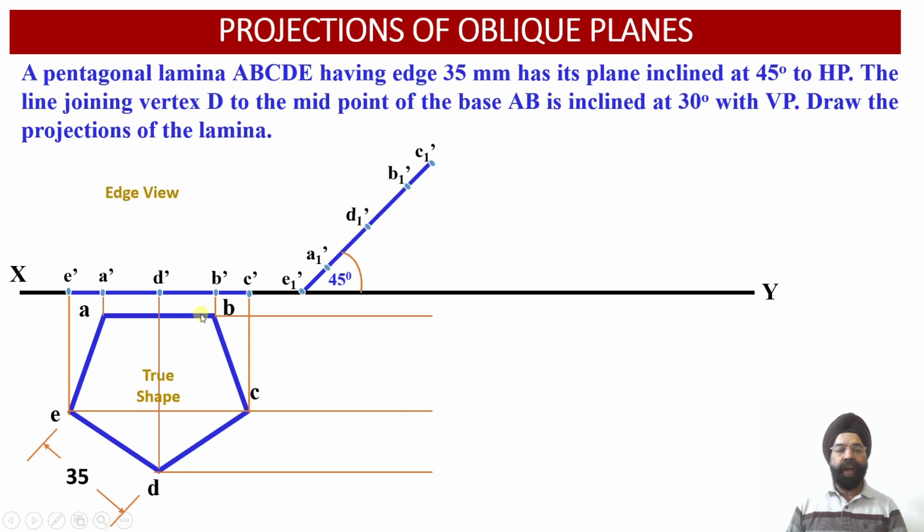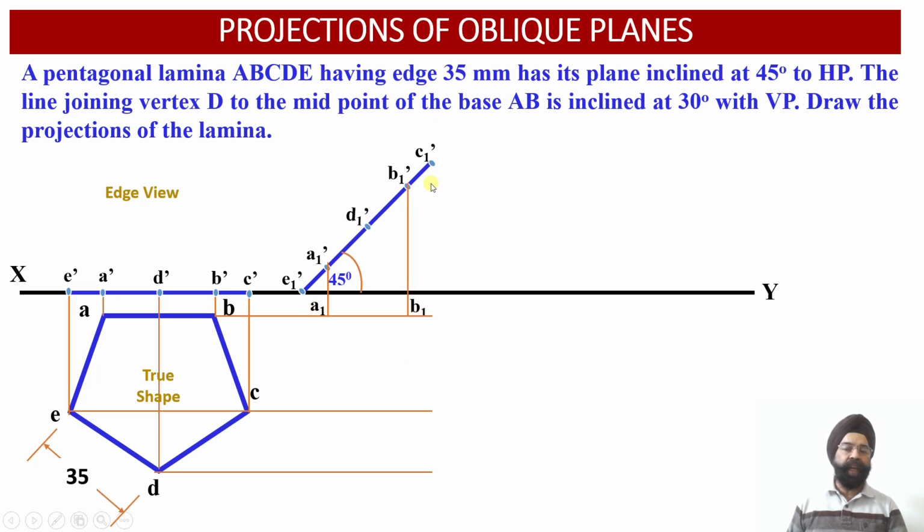So now we have drawn horizontal projector lines through all the 5 points of the top view which we had obtained previously, and now we are going to draw vertical projectors through each of the points of the elevations which we have obtained over here. So the vertical projector through A1 dash and the horizontal projector through A intersect at this point, giving us the resultant point A1.